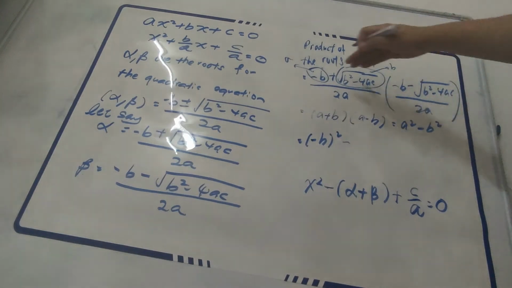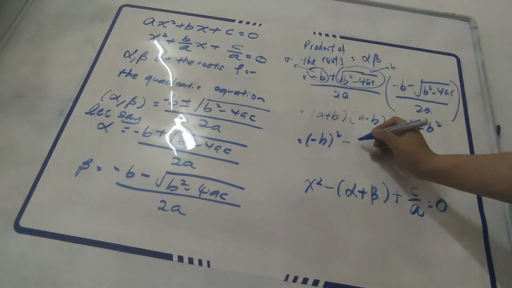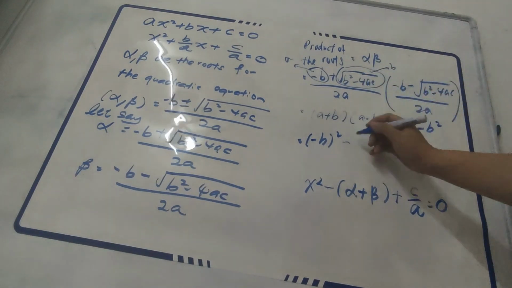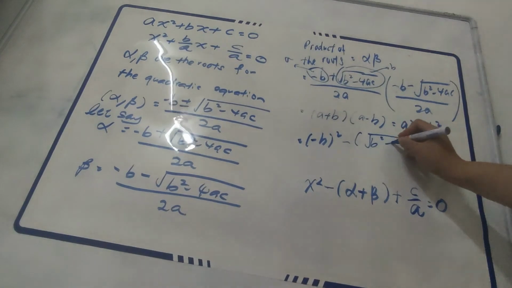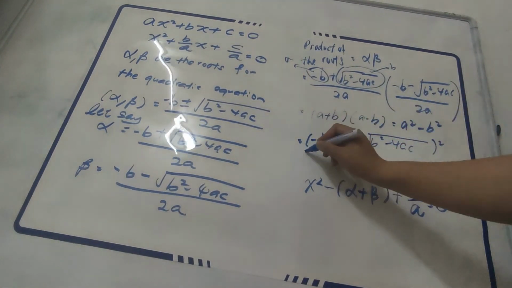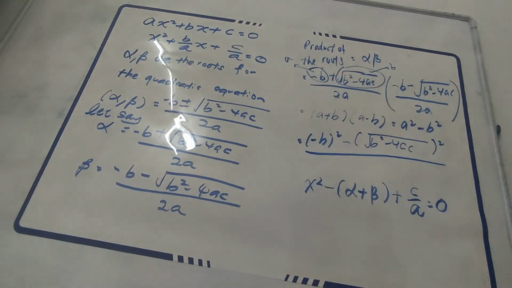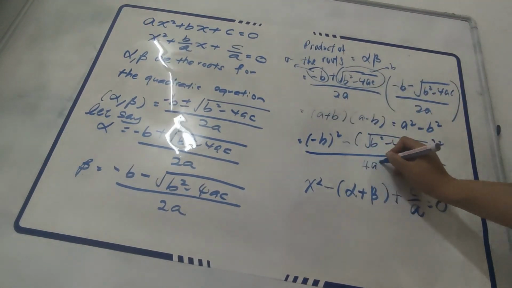We do the upper part first: minus b square, minus the whole square root thing squared, b square minus 4ac, and then divided by 2a times 2a, which is 4a square.